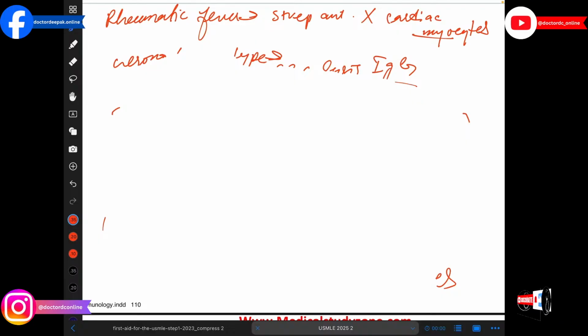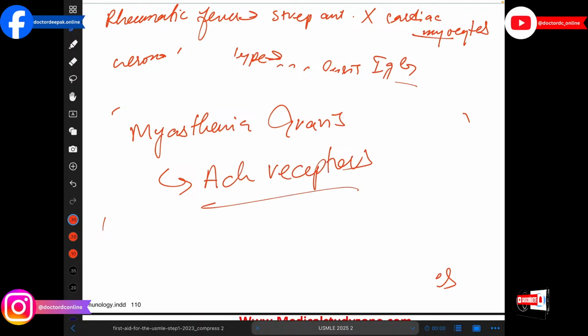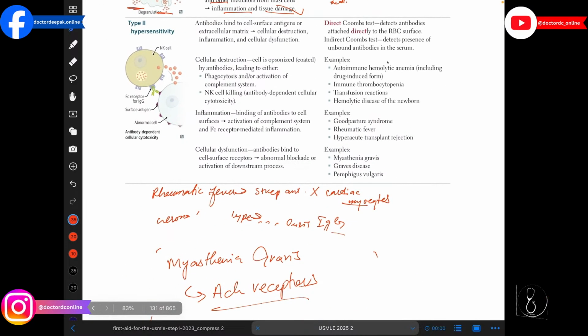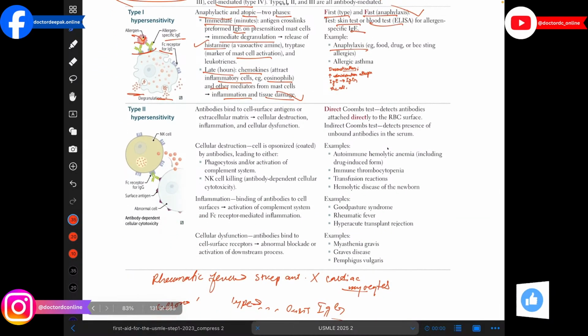Also, this example includes myasthenia gravis. There will be antibodies against acetylcholine receptors. These are some type 2 hypersensitivity examples, that is, antibody mediated. Let's read from here.